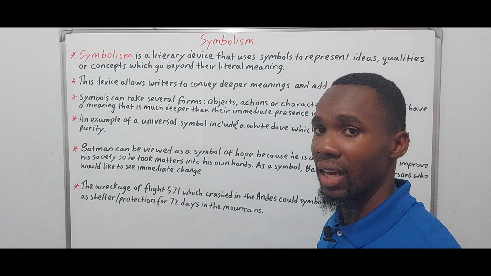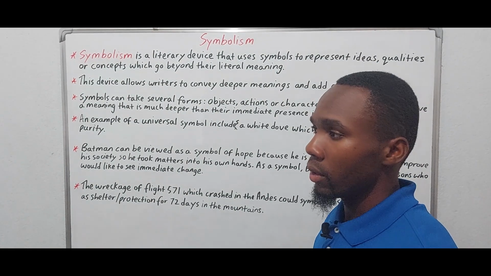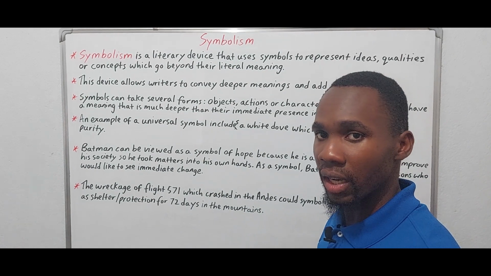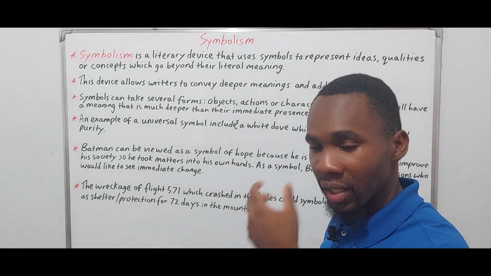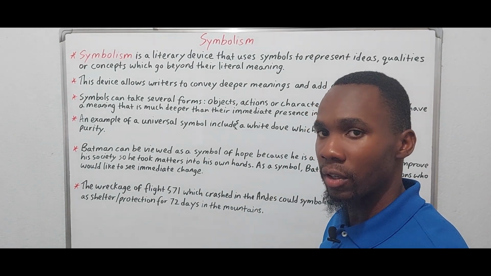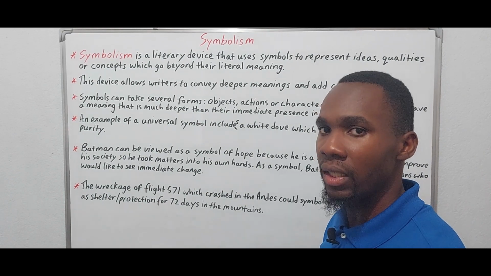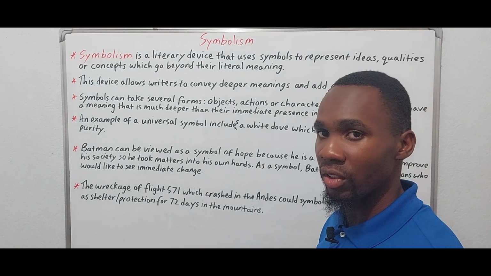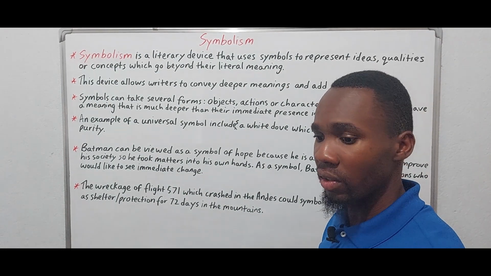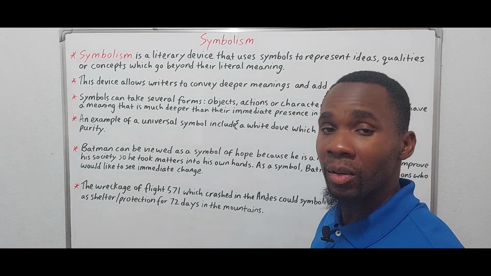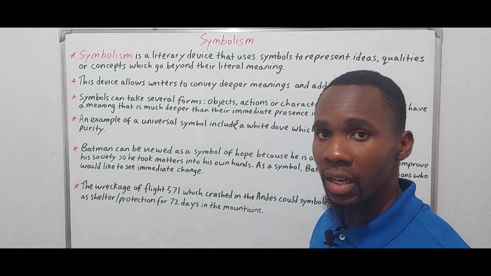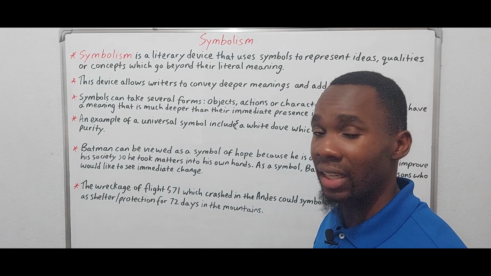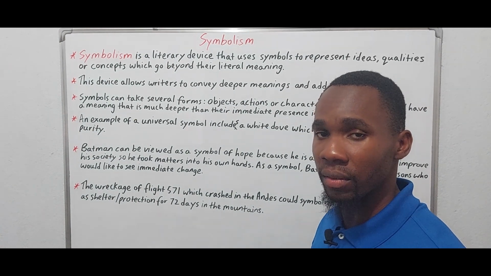Like I gave you the example earlier with the shirt. A shirt, we use a shirt to cover our upper body, but that shirt can have a much deeper meaning depending on the context or depending on how it is used in the story. The shirt could be a symbol of poverty if the shirt is in very bad condition, right?